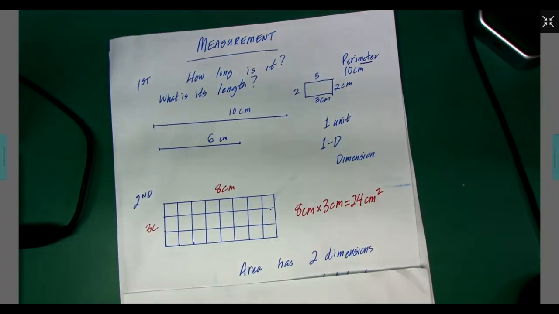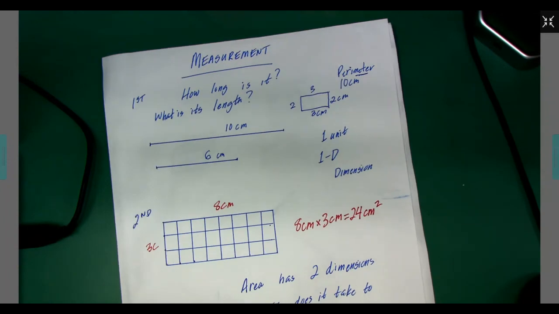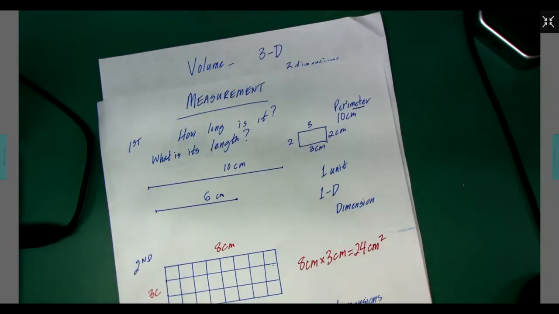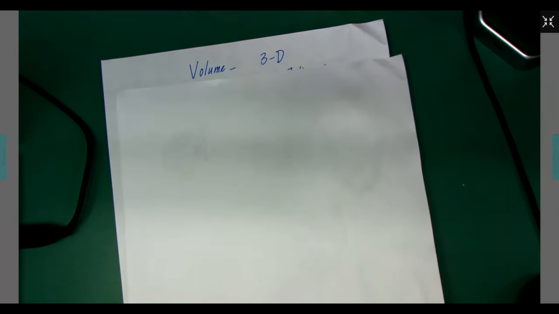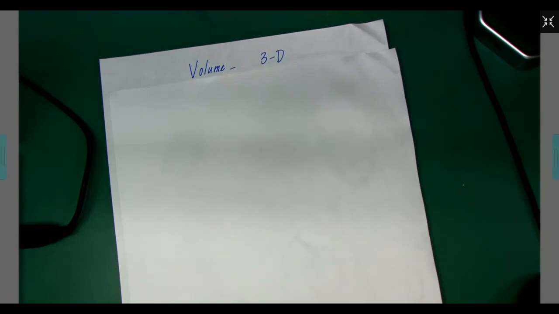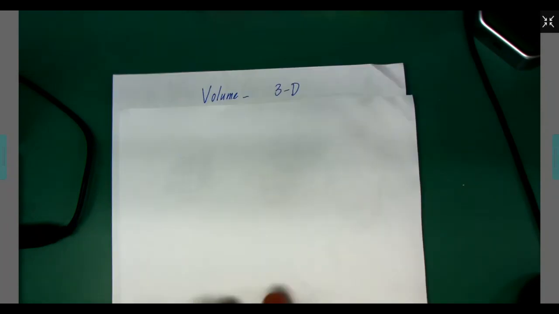It has 2 dimensions, or 2D, right? How many squares does it take to cover it? And again, 2D. What's after 2D? 3D, right? And 3D is when we are talking about 3 dimensions. A 3D movie looks like it's coming out of the screen to you, right?